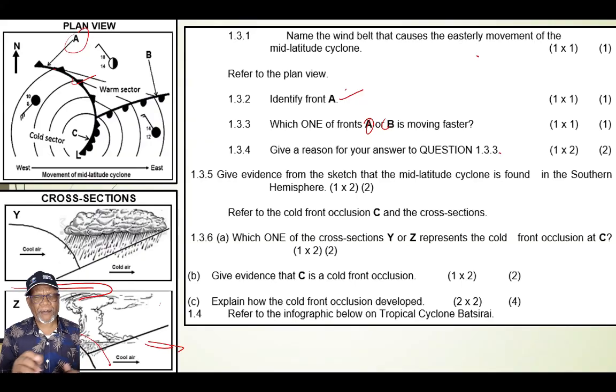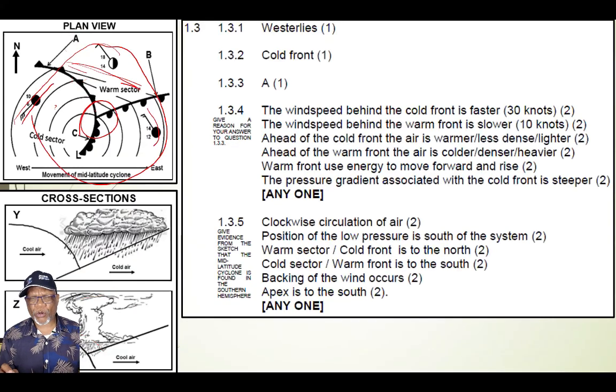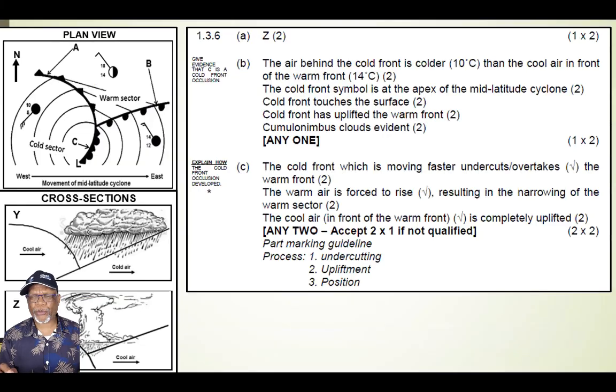So you must say the cold front has a steeper pressure gradient. Because of the steeper pressure gradient, the cold front is going to move faster, and because it moves faster, it is going to catch up with the warm front, and then it is going to undercut.